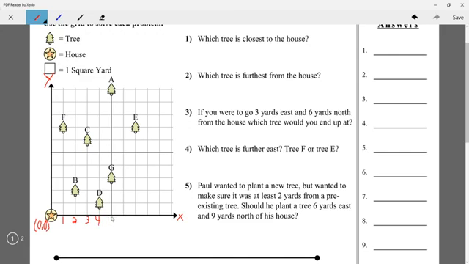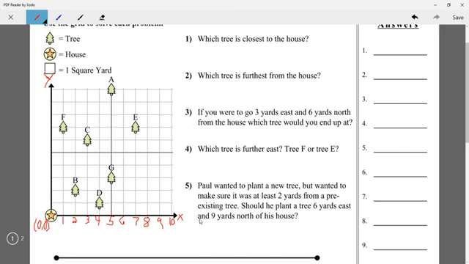4, 5, 6, 7, 8, 9, 10. Okay, and then it would go on.